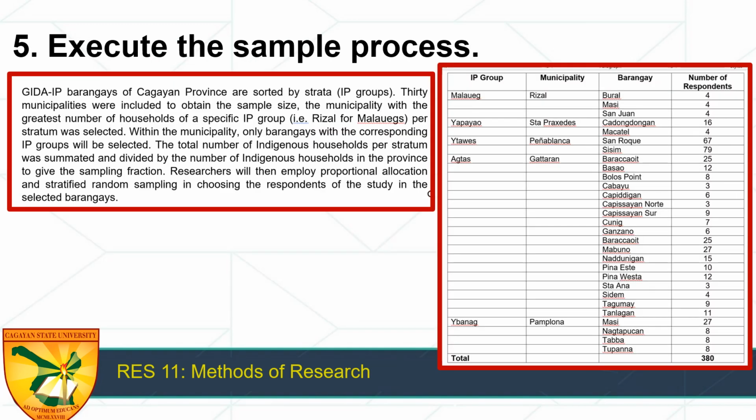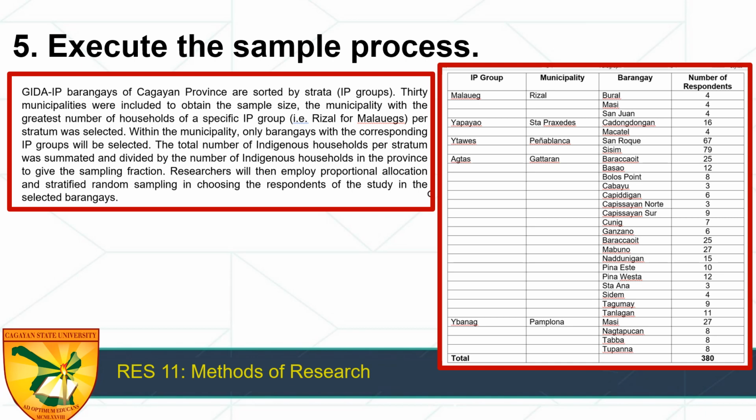So finally, execute the sampling process. After defining the population, the sampling frame, the sampling method, and the sample size, you now execute it. After doing steps 1 to 4, we have this paragraph.